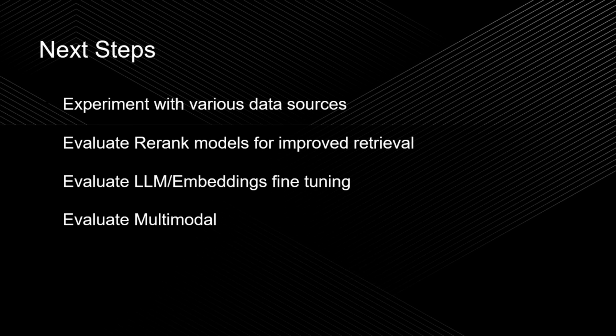We also take a look at evaluating re-rank models to improve the retrieval mechanism. We'll also take a look at LLM and embeddings model fine-tuning to improve on the quality. We can also take a look at increasingly popular multimodal language models that have vision and other capabilities that expand the overall horizon for generative AI.